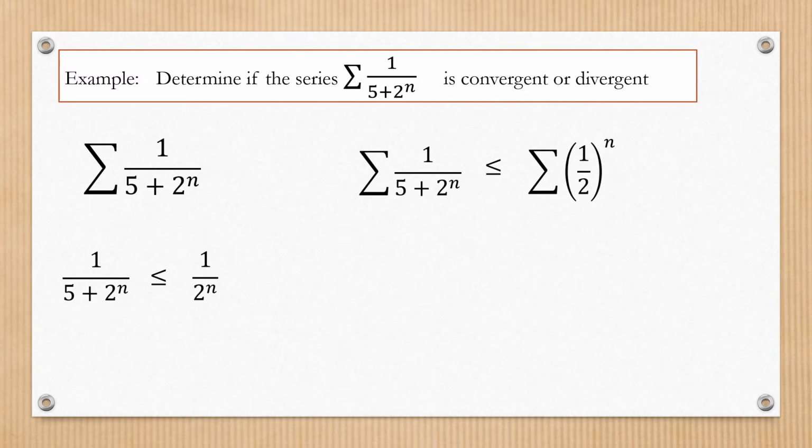Okay, now, given these two series, if you are going to observe, it's much easier to determine whether this series is convergent or divergent kasi mas simplified siya as compared to this one. Diba? Kasi nga may additional 5 tayo. So, we will determine itong series na ito if it's convergent or divergent.